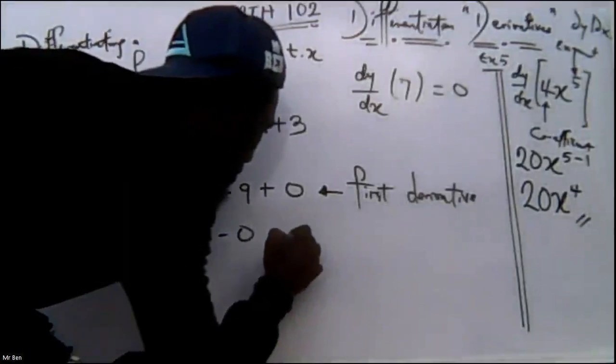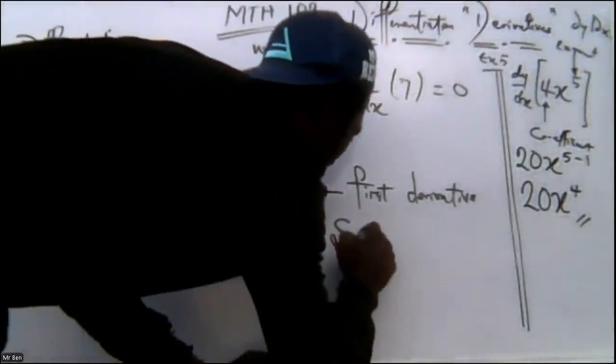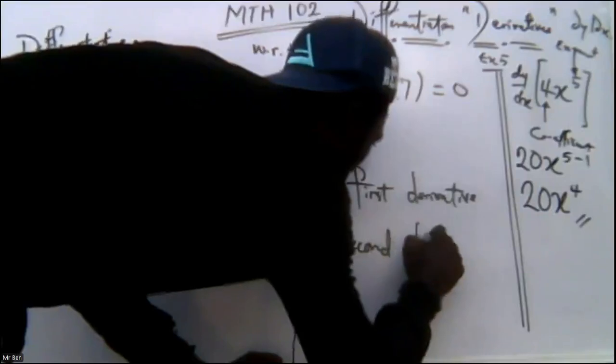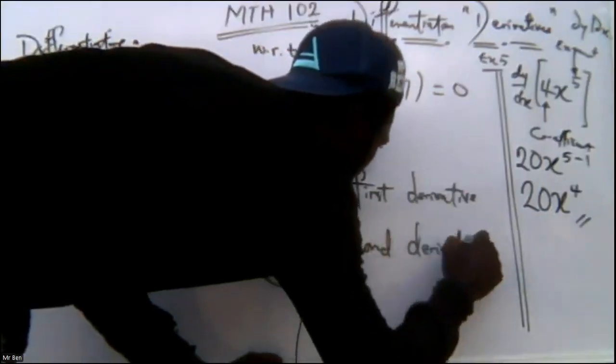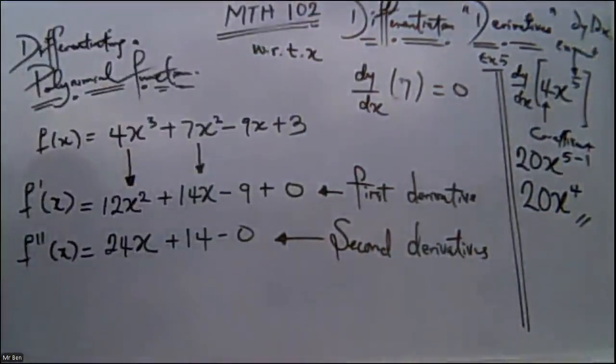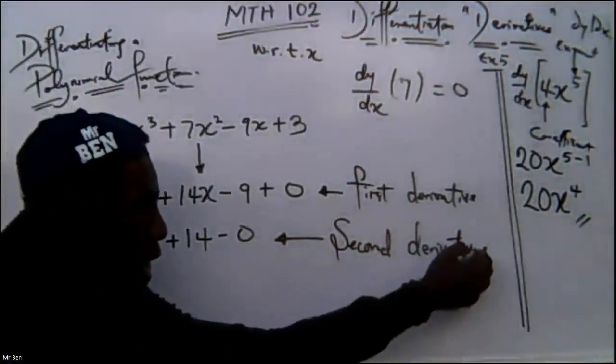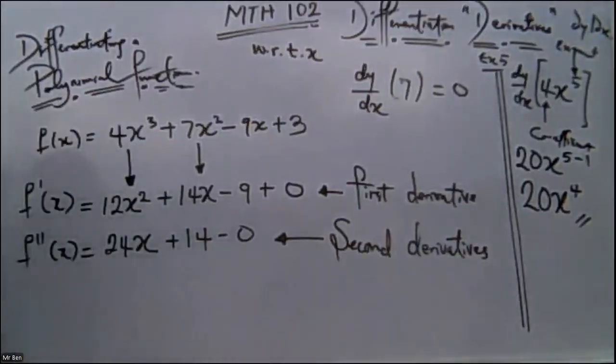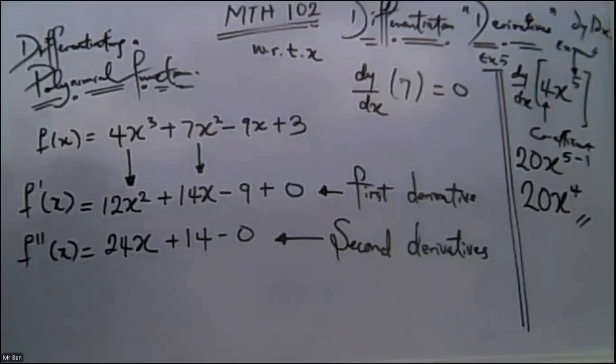This is the second derivative. Okay, what's your question? In this case where you were saying plus 14x, that the derivative of 14x is equal to 14, can we also say the coefficient of x is 14, or the number attached to it?